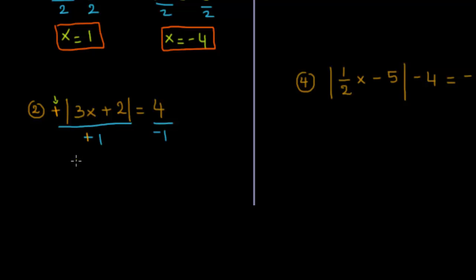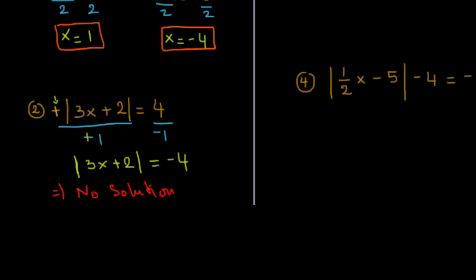That leaves me with absolute value of 3x plus 2 equal to negative 4. And here we have a problem: absolute value cannot equal a negative number. So I don't need to solve this. The answer is no solution.